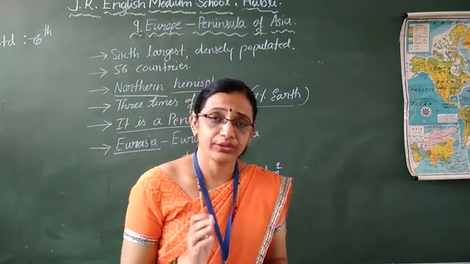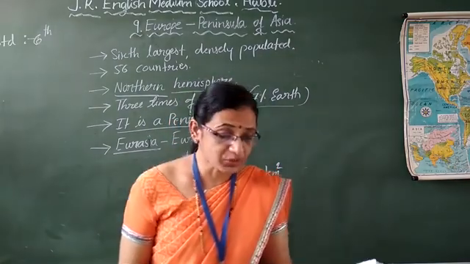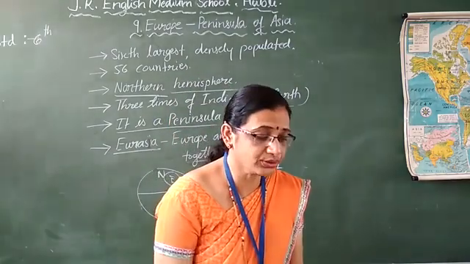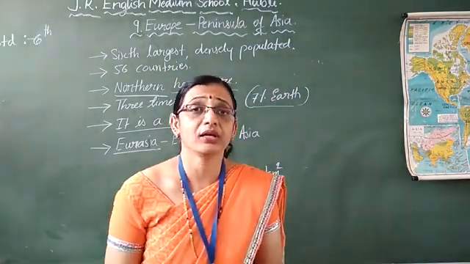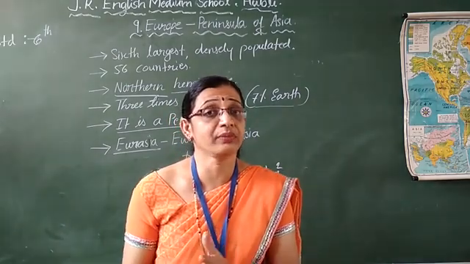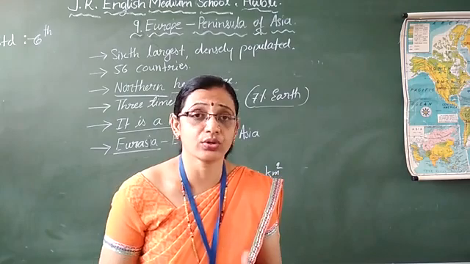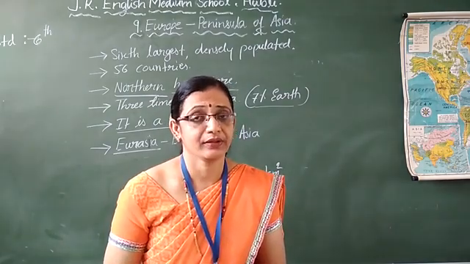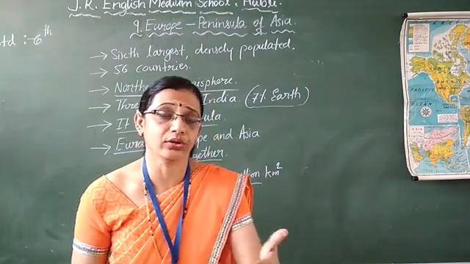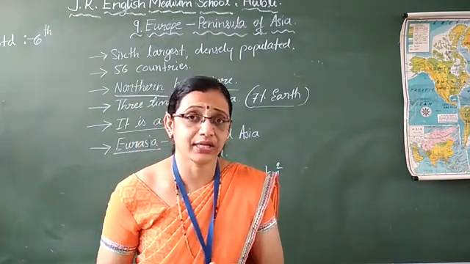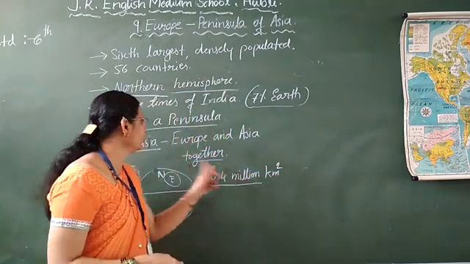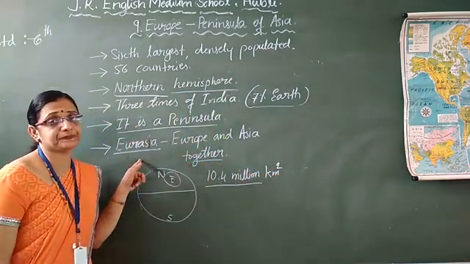In between, the Ural Mountains and the Caspian Sea are there. Understood? But they are not barriers between these two continents. They are not hindrances to move to Europe or to Asia. Because of this reason, they are together known as Eurasia.